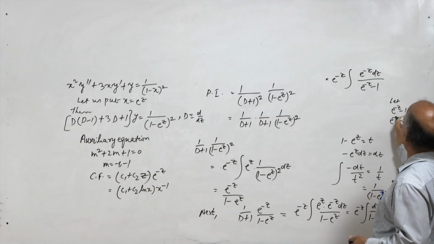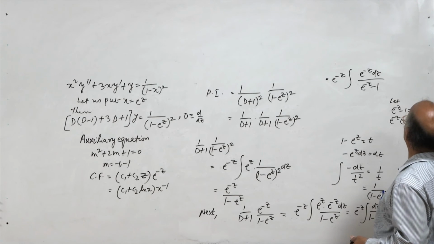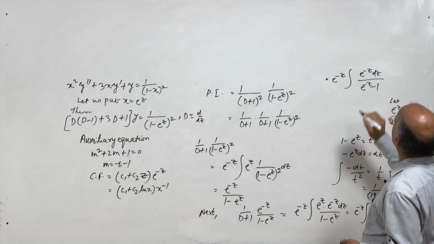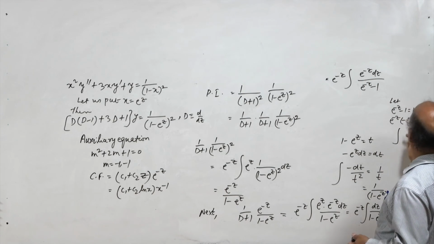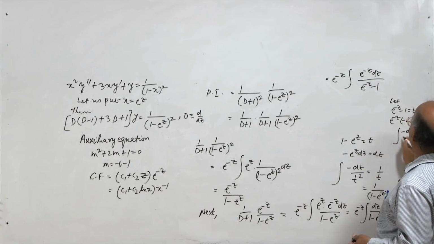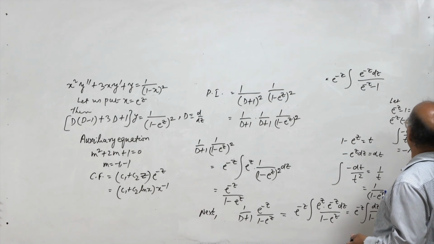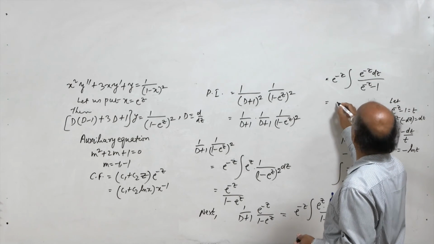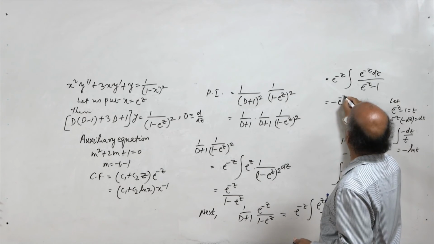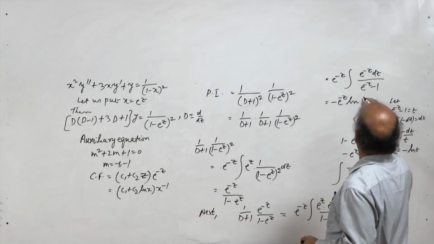So, then e to the power minus z into minus dz will be dt, and therefore, we shall have e to the power minus z dz will be minus dt. So, minus dt divided by t, which will be minus ln t. So, this will be equal to minus e to the power minus z ln (e to the power minus z minus 1).